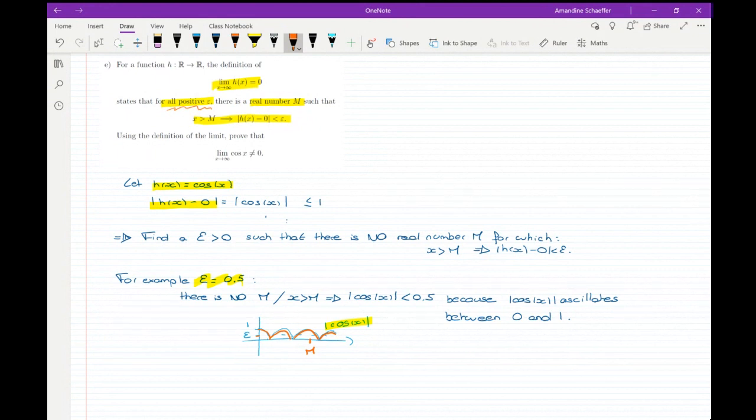If you choose epsilon equals 0.5, you will never be able to find an m large enough such that this function is below the line y equals 0.5. So that's the idea. Have a look there, and maybe take a screenshot.